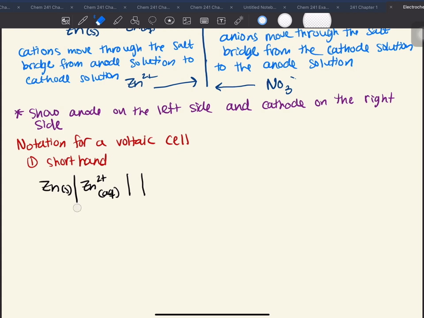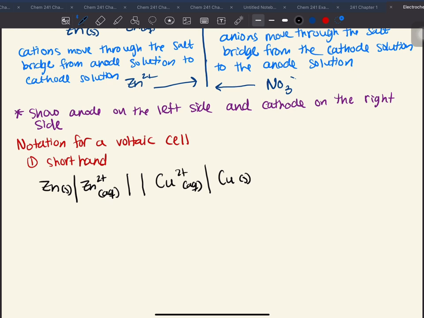So those double lines just represent that separation. And I think of it as the edge of the two beakers. And then you have your anions from your other cell, the barrier, and then your other electrode. And in this case, the zinc was being oxidized, so it is at the anode. The copper was being reduced, so it was at the cathode.